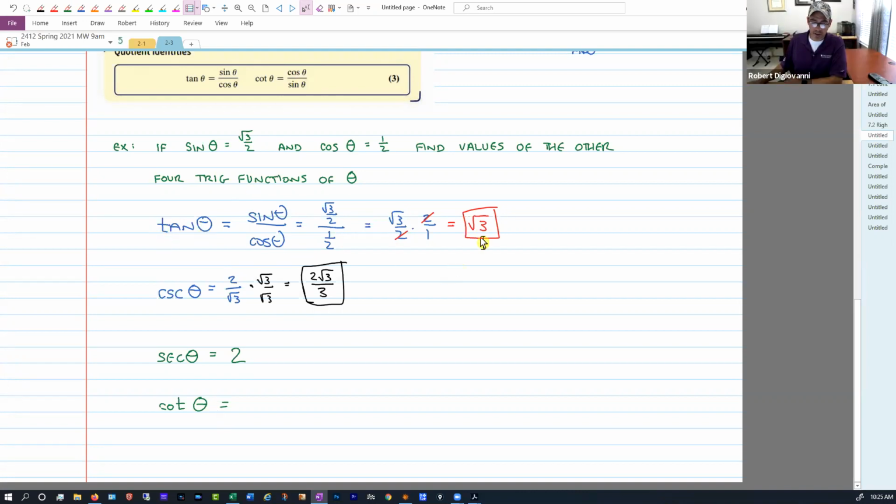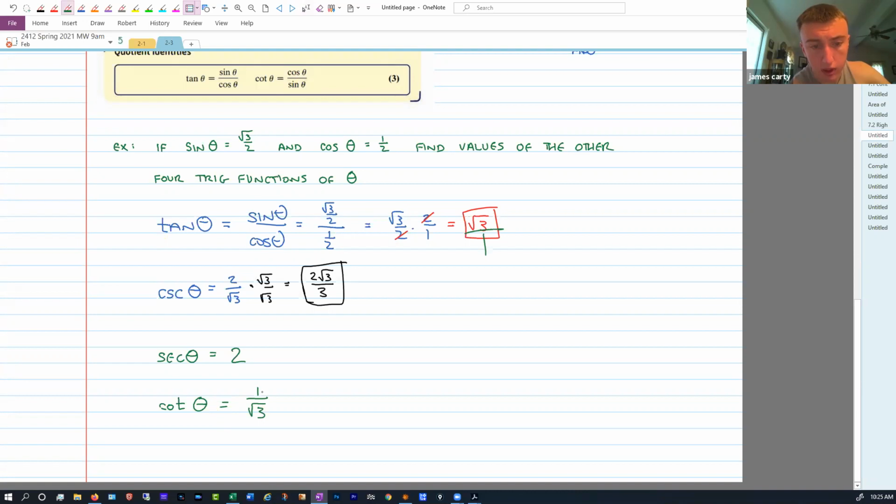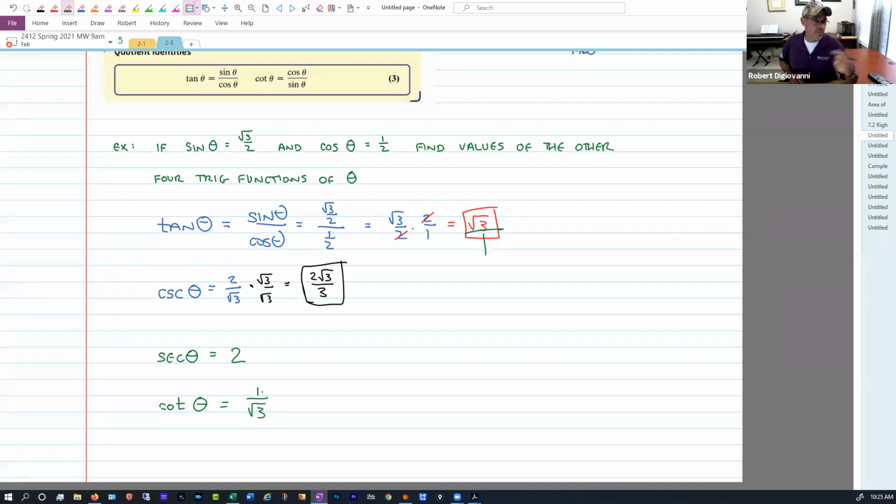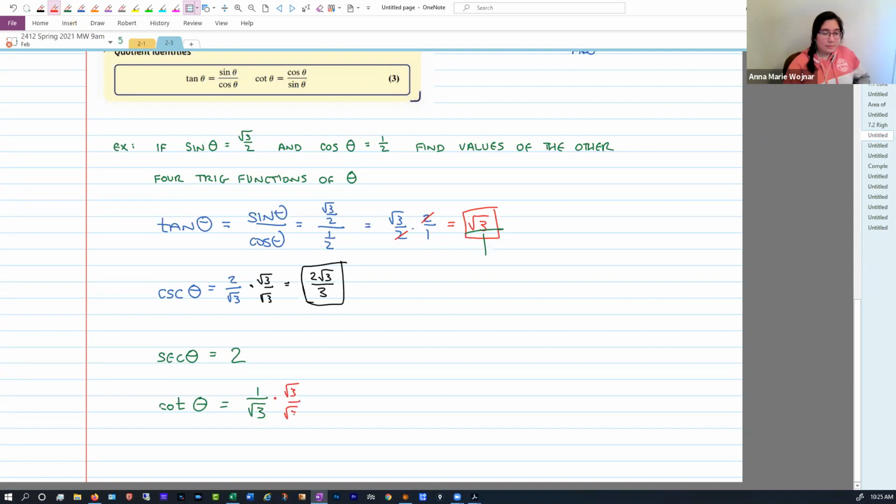So if tangent is the square root of 3, which is the same as square root of 3 over 1, then I can just flip that over and it becomes 1 over root 3. And that would be our answer, right? That would be the answer I would be happy with, but that's not the answer the computer is going to want. They're going to want you to rationalize that. And we're going to, gritting our teeth, do it, okay?